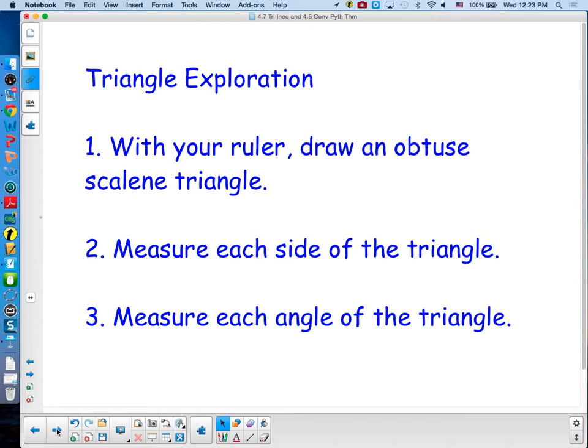Grab your protractor. Measure each angle of your triangle.